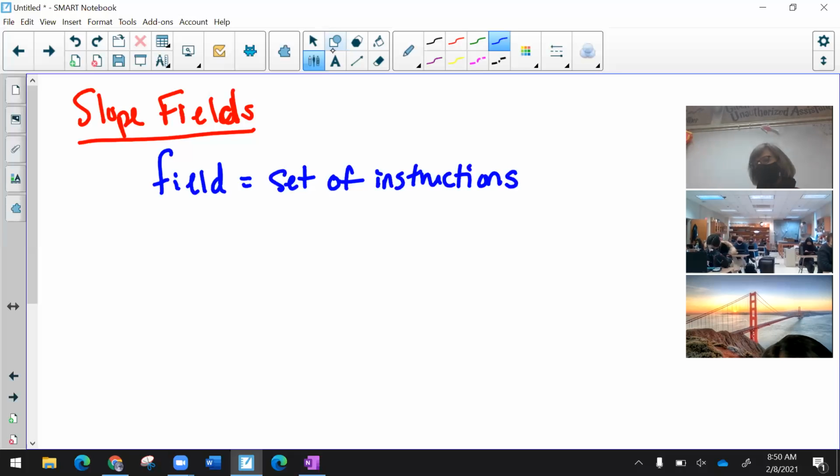But in this case, when we're talking about math, we're usually talking about a two-dimensional field. Basically what exists there is the derivative at that point, the slope at that point. What's another word or phrase for derivative? Slope, slope of the tangent line.